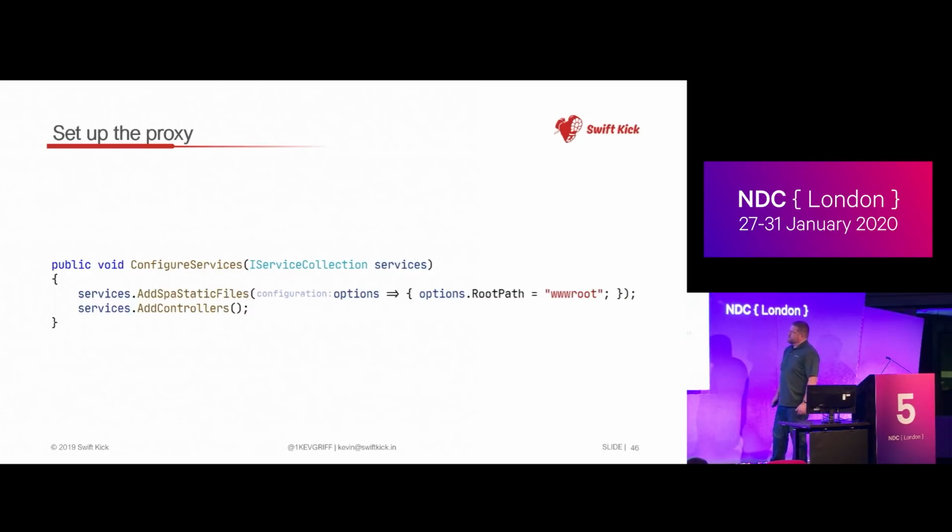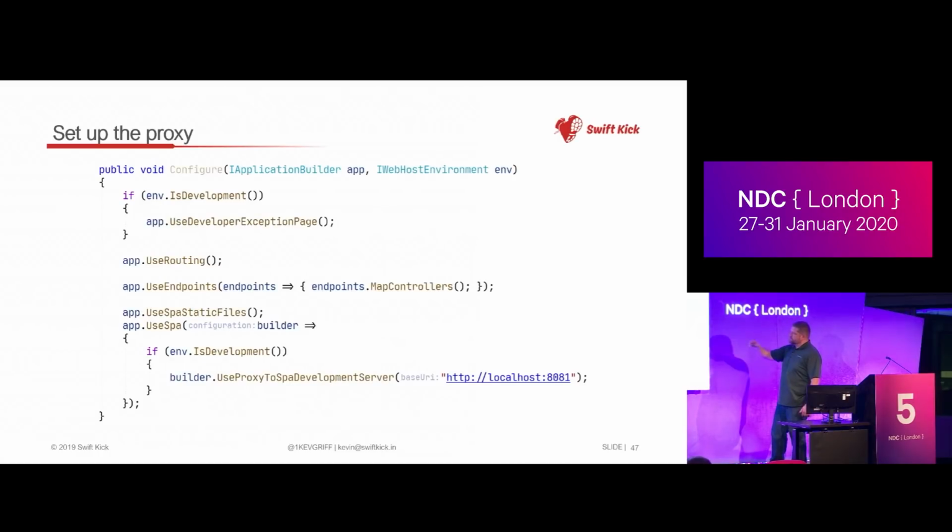AddControllers. And then in Configure, I just updated this for .NET Core 3. So you still set up your endpoints for MVC or for Web API, but you use SpaStaticFiles for production. And then for development, we turn on UseProxyToSpaDevelopmentServer. Long-winded. You tell it the URL of where your Vue.js app is running.